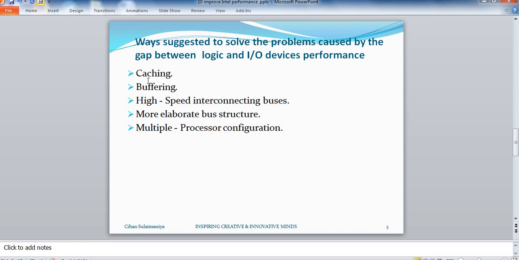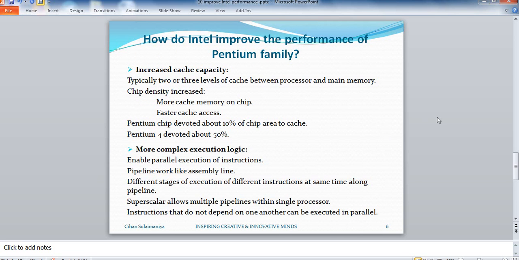So, either by caching, getting high cache memory, so the input-output will be very high speed; buffering, by putting a buffer; high speed interconnection paths, a more elaborate bus structure, and multiple processor configuration. So these are the suggested ways to solve that gap.